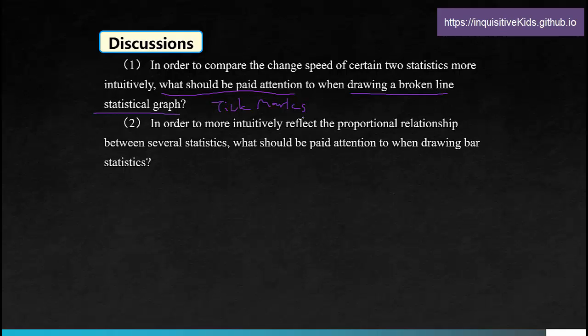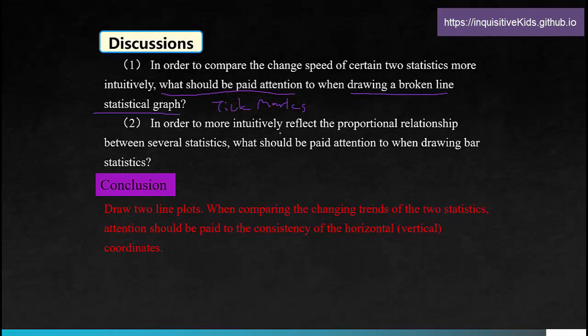Because if the tick marks are different, the whole thing is based on the tick marks in a bar chart and a line statistical graph, so that's important to take note of. And for question 2, what should be paid attention to when drawing bar statistics? Same thing, tick marks.